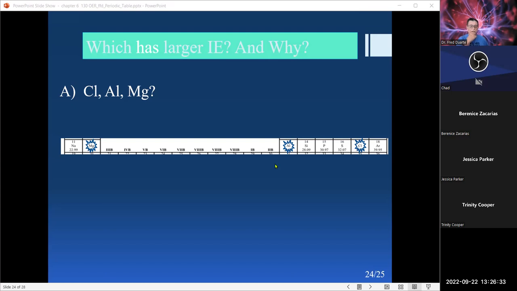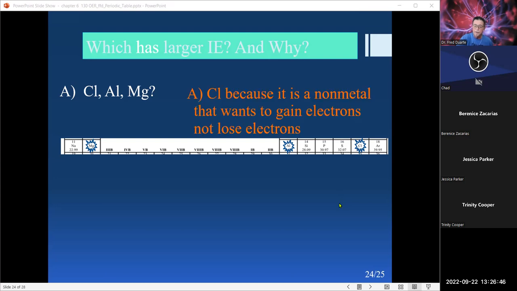In this case, we're looking at chlorine, aluminum, and magnesium. They're all in the same period, okay? And so the IE for chlorine would be much greater than aluminum and magnesium. It's going across the table for two reasons.